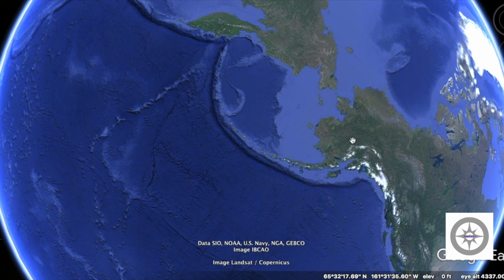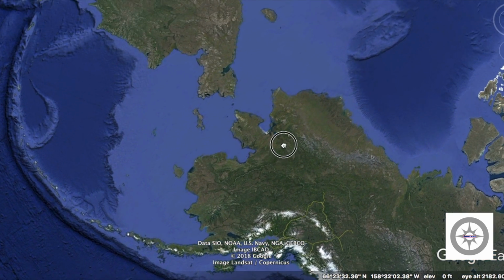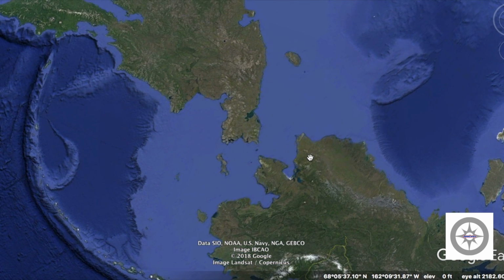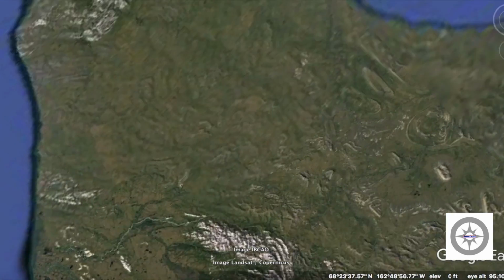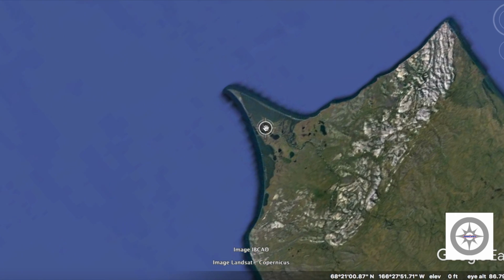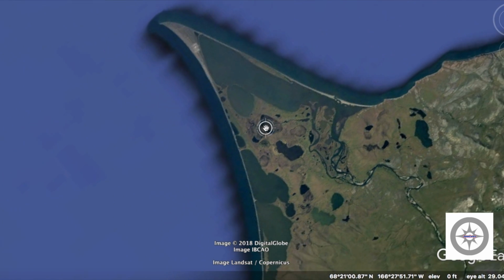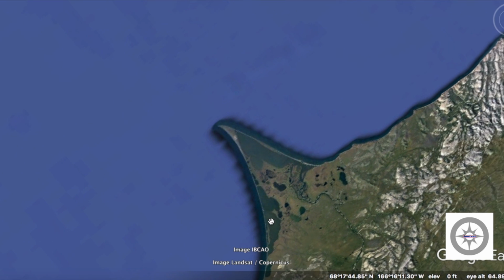But even that would be justifiable. So let's go look to the very, very north of Alaska, and let's see what we have up here. So here's an example. Artificial sandbar.